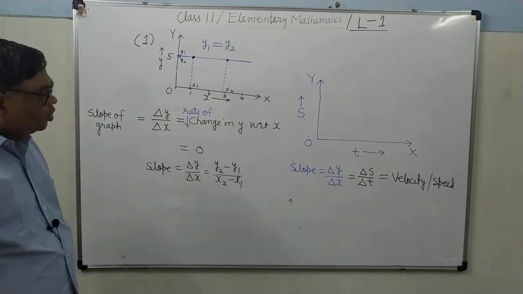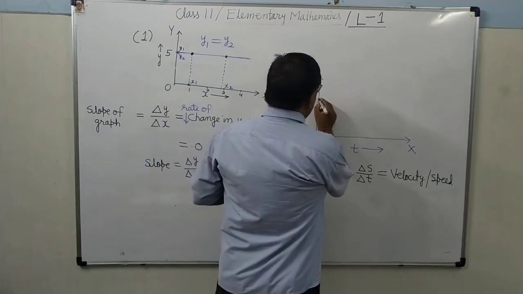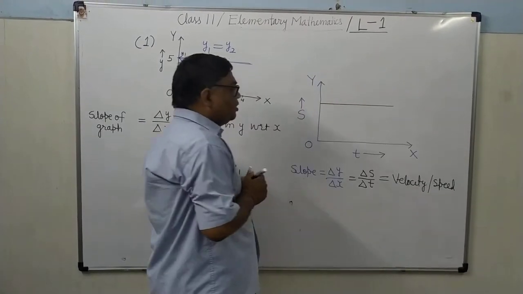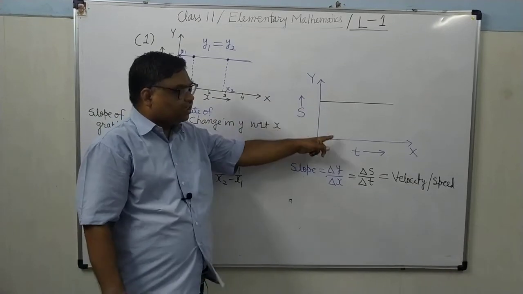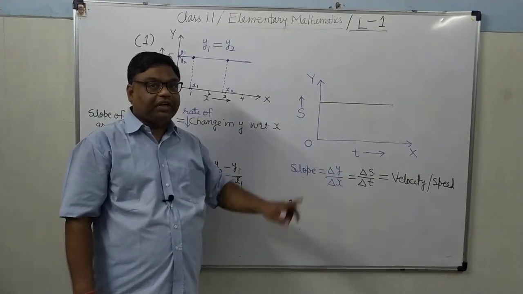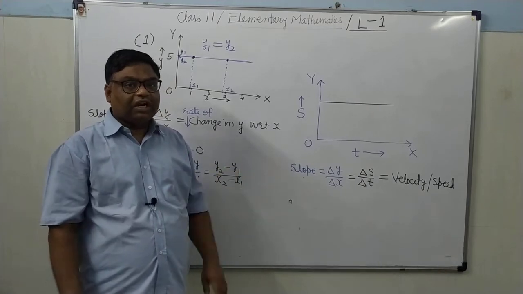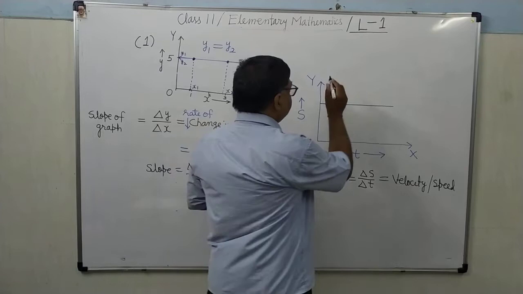It is clear? So if the graph is like this, then what does it mean? There is no change in y with respect to x, or there is no change in displacement with time. And when displacement is not changing with time, then it means the body is at rest. That you know.